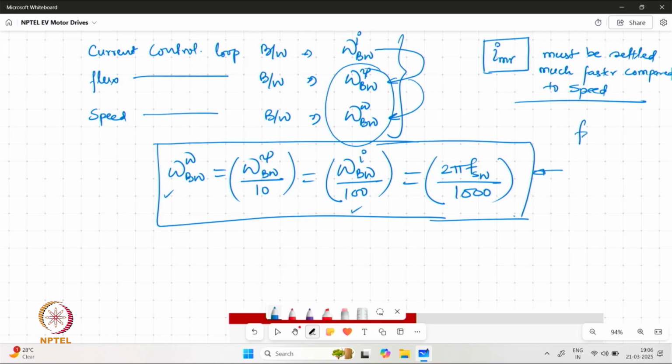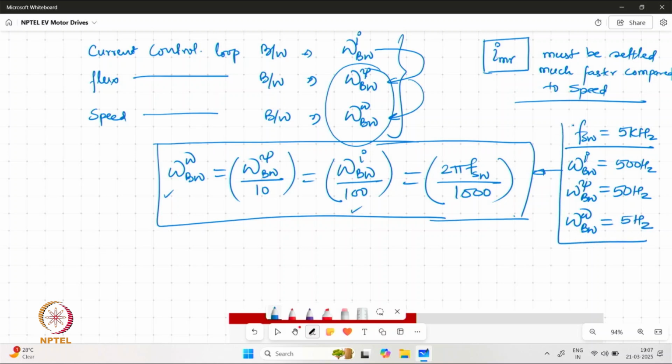Typically, if I take a number, if our switching frequency is going to be say 5 kilohertz, then we are going to keep our current control loop bandwidth somewhere around 500 hertz. We are going to have flux control loop bandwidth somewhere around 50 hertz, and we can place the value of speed control loop bandwidth somewhere at 5 hertz.